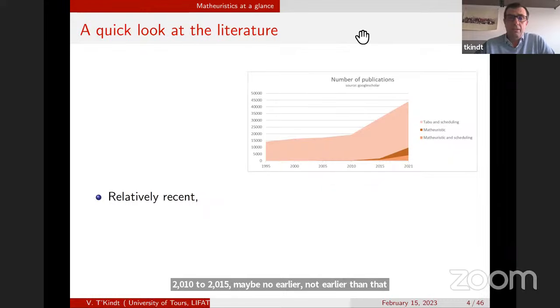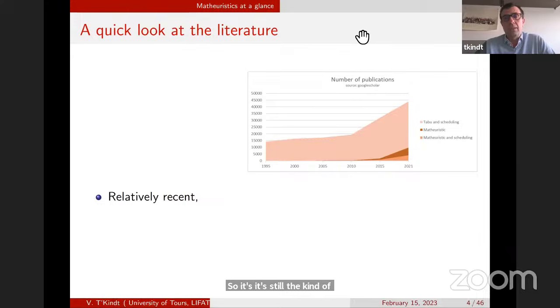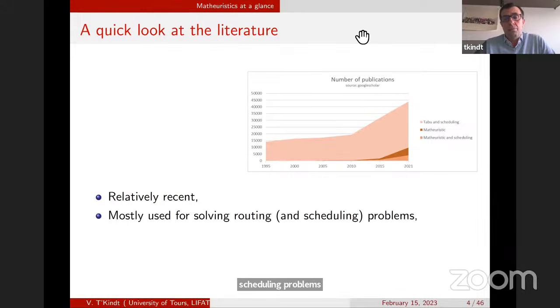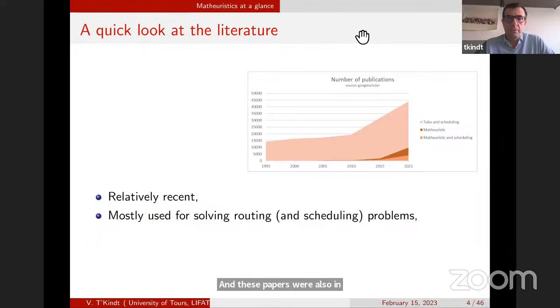So it's still a heuristic framework that has not really been considered for scheduling problems. And if you look at the papers that have been published, they mainly deal with routing problems in which there is a scheduling component. That's why these papers were also in the results of my query.